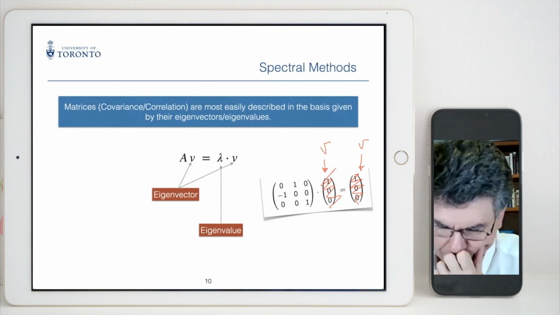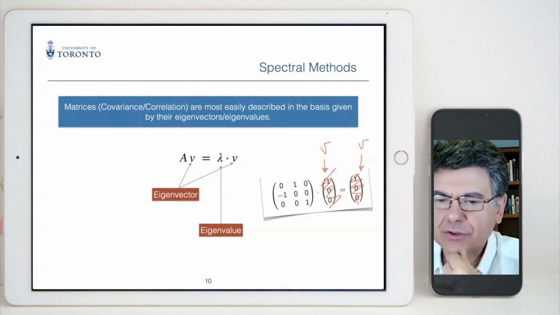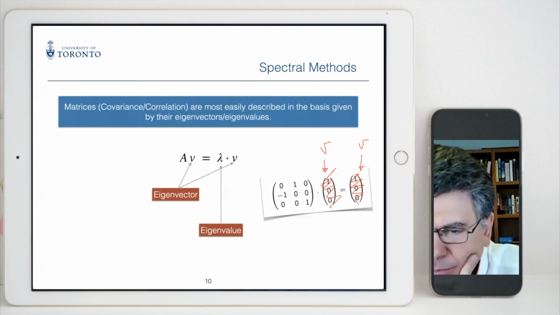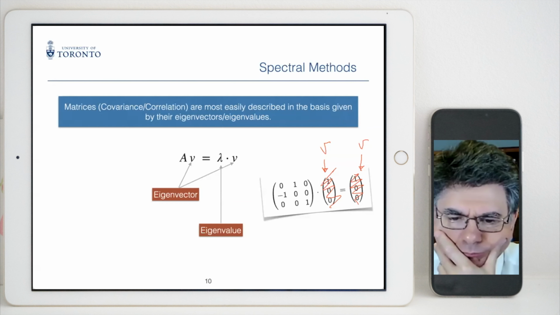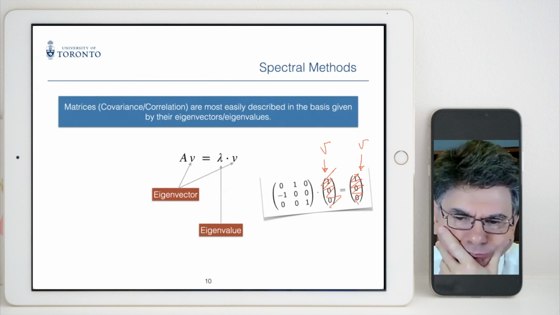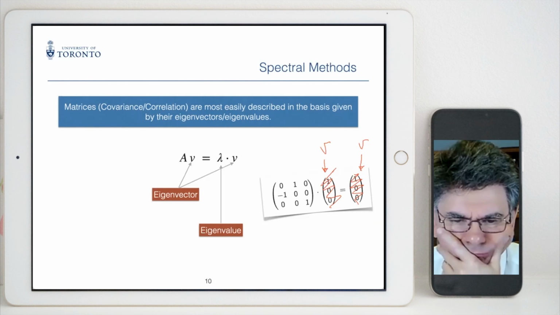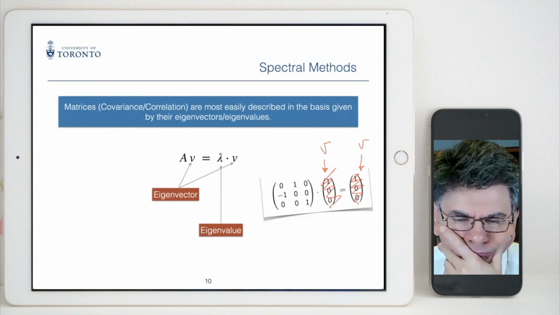What are the eigenvectors of this matrix that you have here? -1, 1, 0. No.